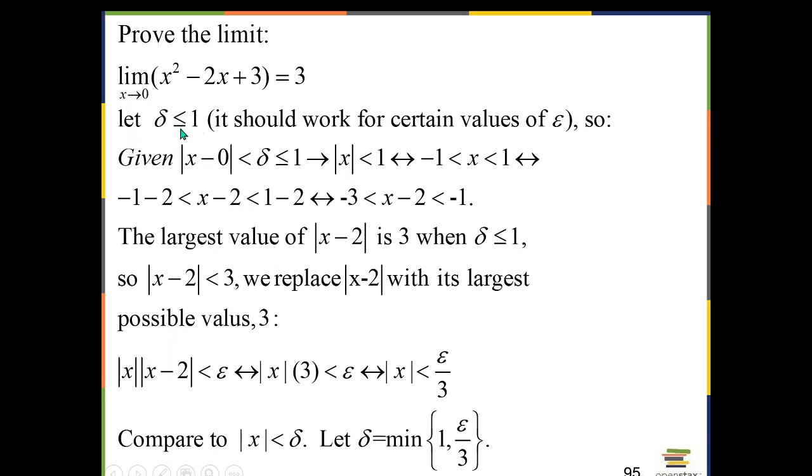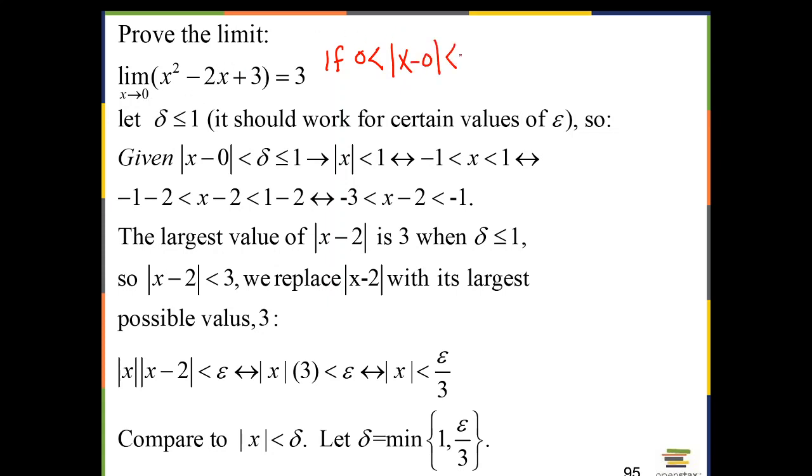So again, we start with this idea that, looking for my pen, here we go. So again, here we have to write what? We have to write if absolute value of x, in this case, is x minus 0, right?